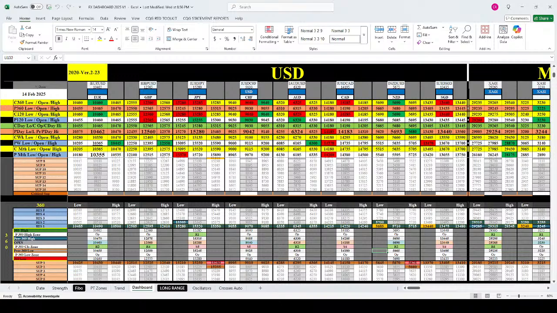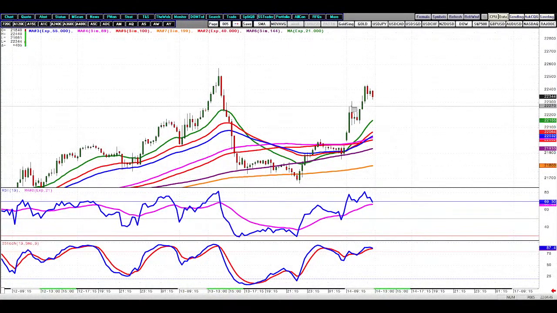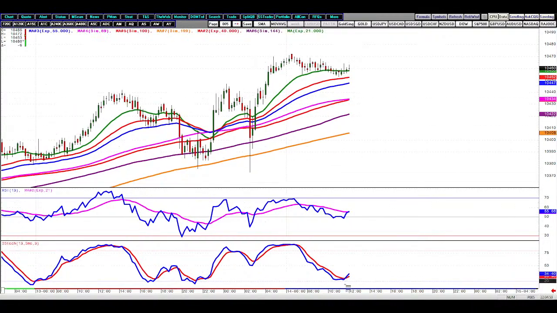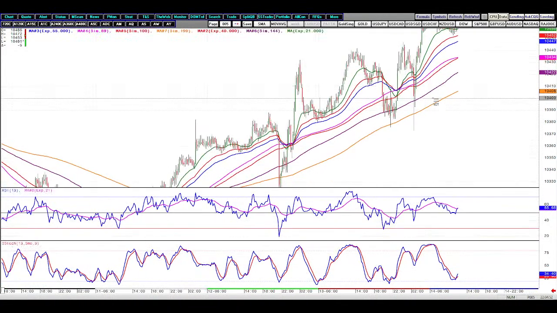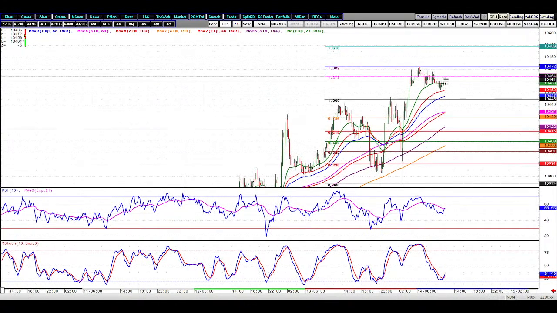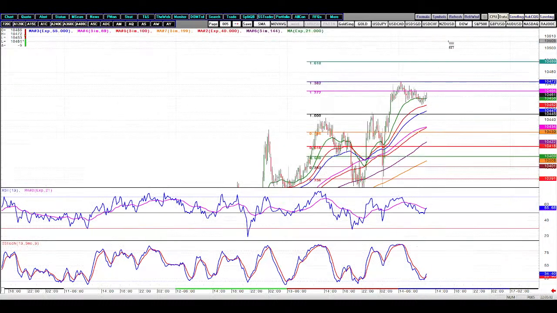So let's go into the chart. As of now, the market is trading near the resistance. There is a likely chance that it can turn from here, or we can go up high one more time, then the market may turn down.